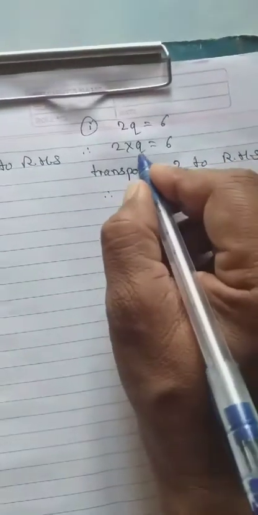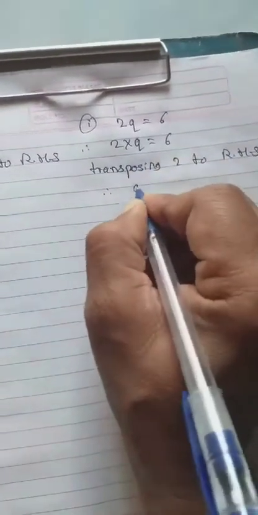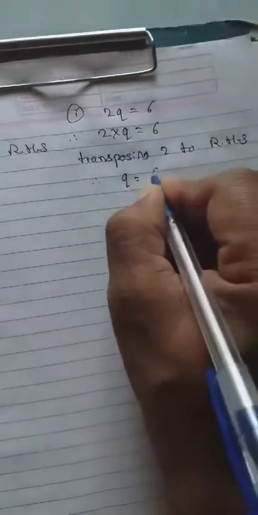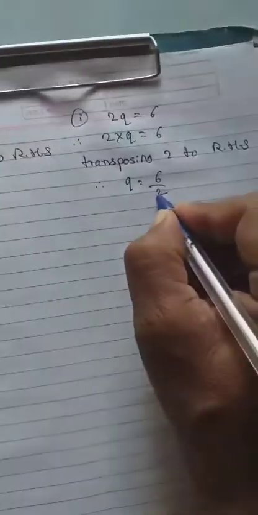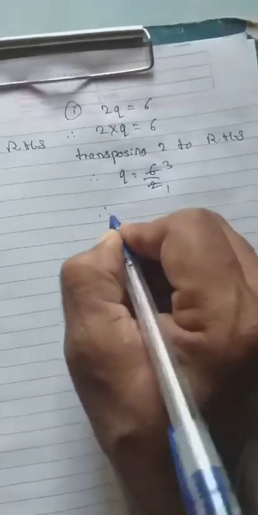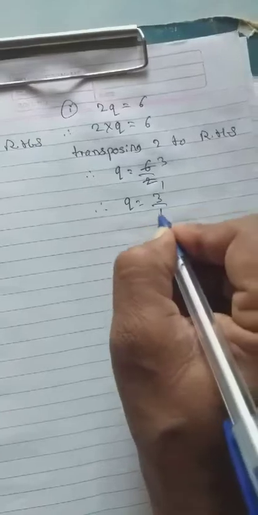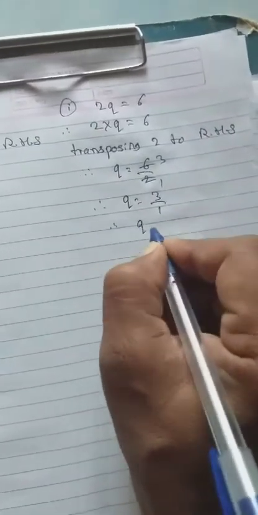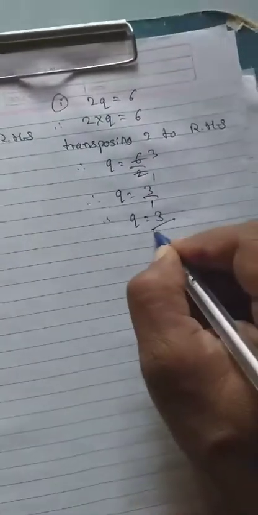Therefore the term in the left hand side is q only. q is equal to 6 upon 2. Cancel 2 and 6: 2 1s are 2, 2 3s are 6. Therefore the value of q is equal to 3 by 1. 3 by 1 is 3 itself. Therefore q is equal to 3. This is the value of the variable in this equation.